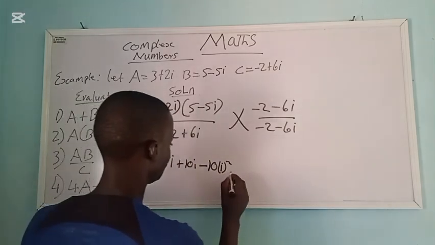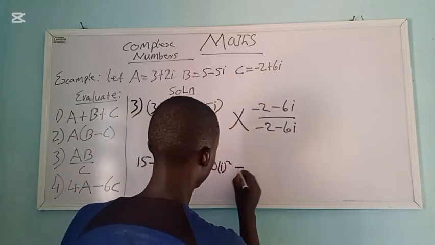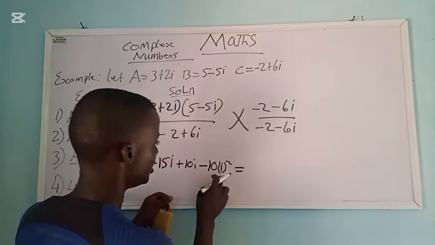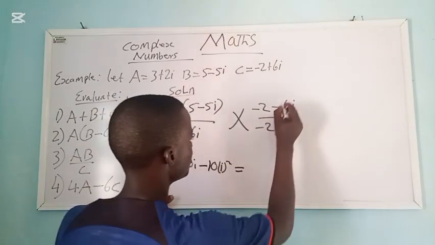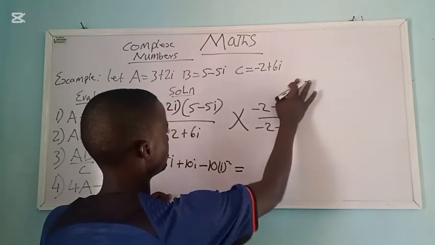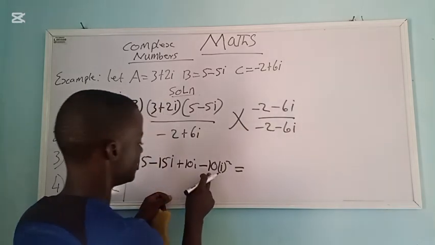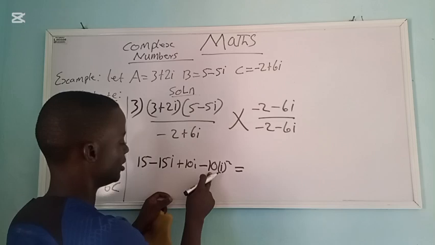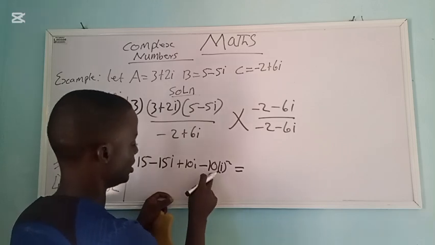So now I will use that method, I will use minus 1, because i squared is equal to minus 1. So minus 1 times minus 10, the minus will cancel, it will be plus 10.